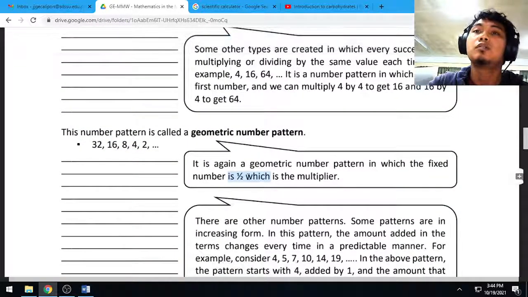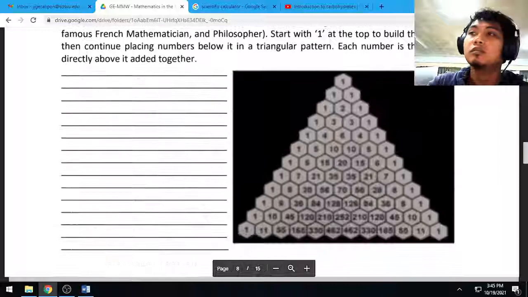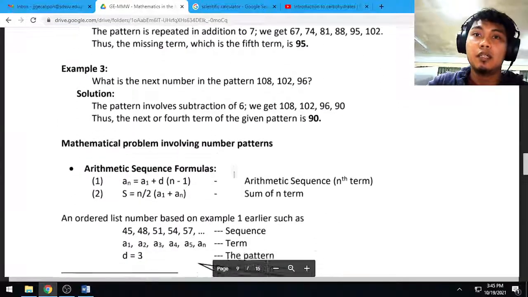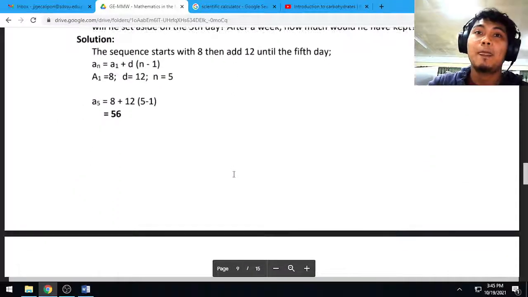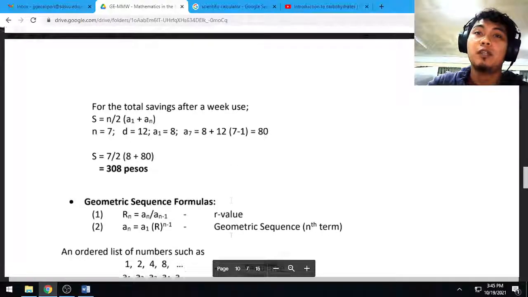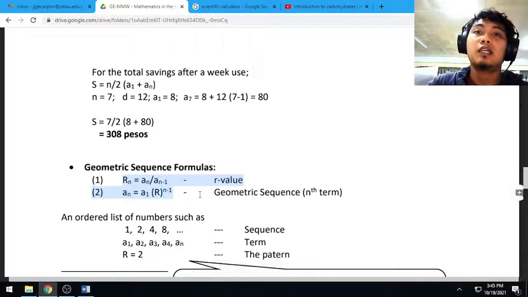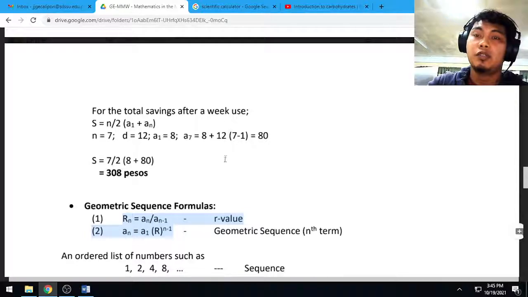How about hinihingi na naman yung pang 100 term? Para hindi ka malilito, kailangan namang isa-isahin mo pa yun. 100 yan, diba? Kailangan natin gumamit ng formula. Next video, tatalakayin natin yung geometric sequence.